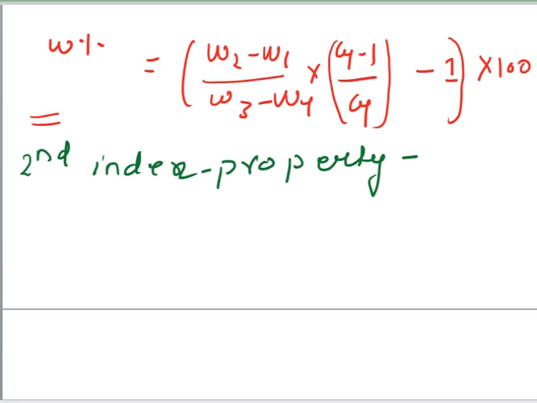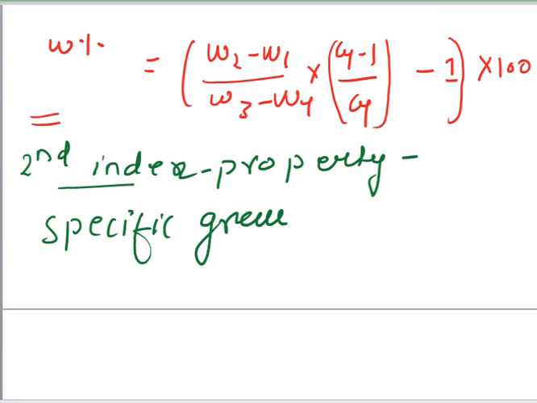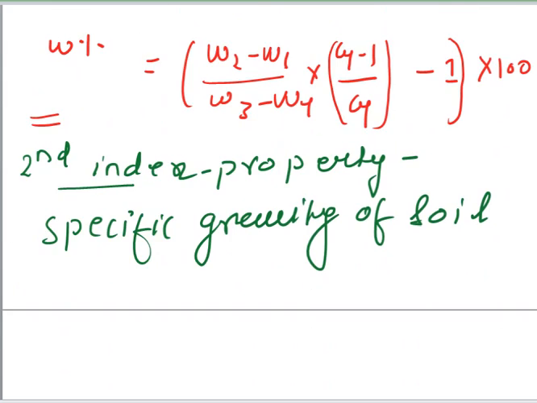So second index property is specific gravity of soil. Everyone knows, I think I have covered this definition while studying the basic parameters of soil.